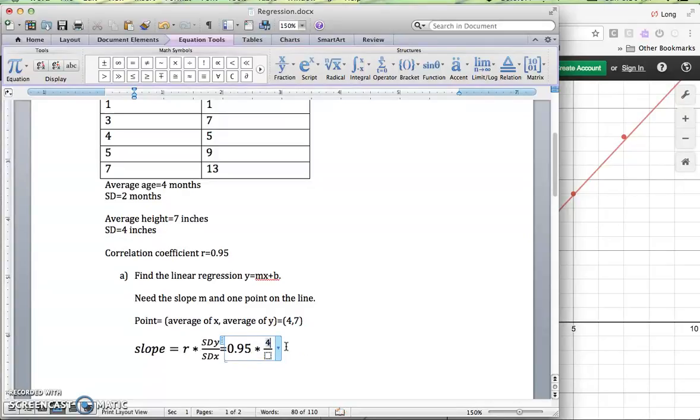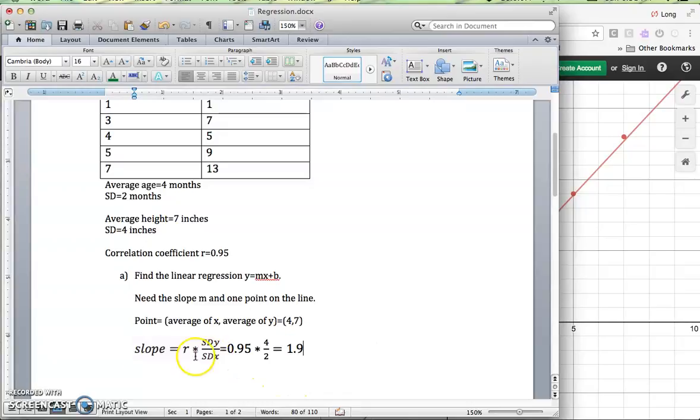So we have 4 divided by the SD of x. The x variable in this case is the age, so the SD is 2. This is the slope of the line. 4 divided by 2 is 2, and 2 times 0.95 is 1.9. So that's the slope of this line.